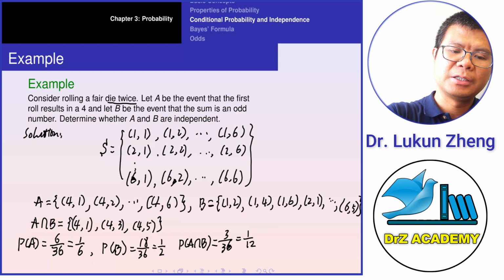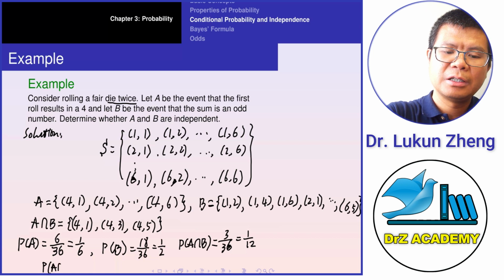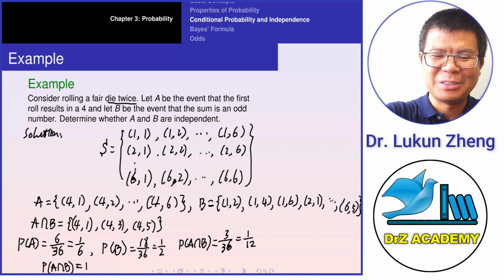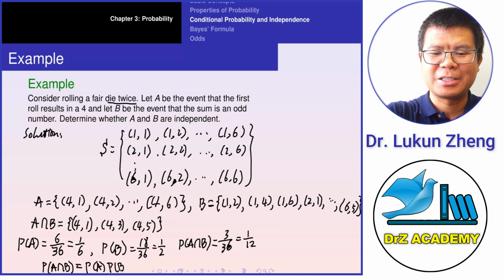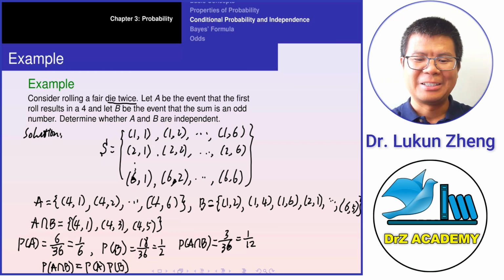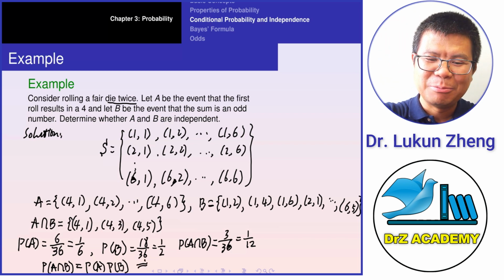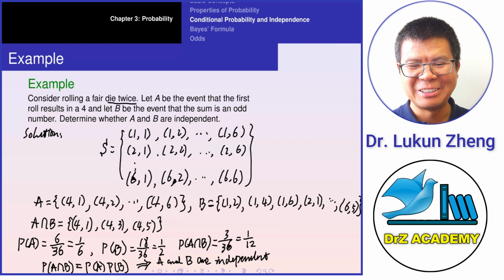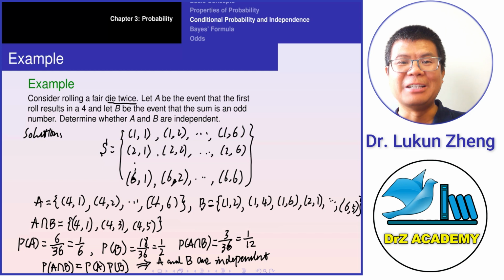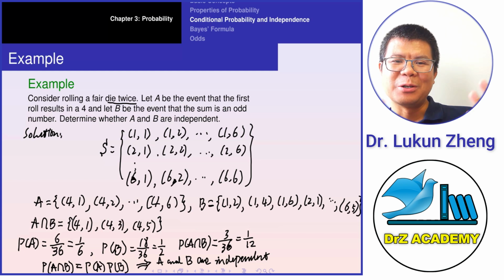The probability of their intersection should be P of A times P of B. 1/6 times 1/2 is 1/12. Therefore, by definition, A and B are independent. So here we go, these two events are independent. Now for this one, you have to be careful.